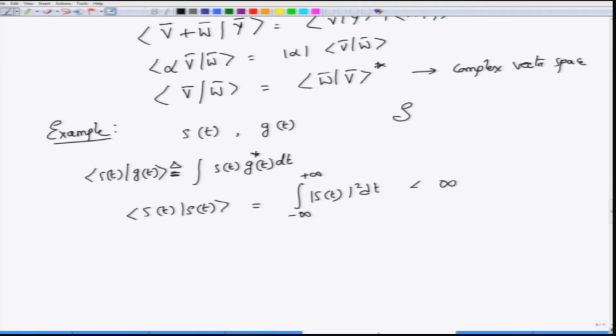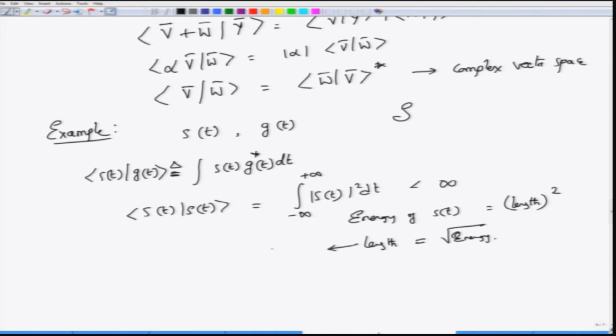There are other ways of imposing similar conditions, but for us it works out very nicely, because we know that this integral of magnitude square of s(t) dt will actually give me the energy of the signal s(t), right. And this is also the length square of s(t) in some sense. So you can make a connection that length is equal to the square root of energy, okay.